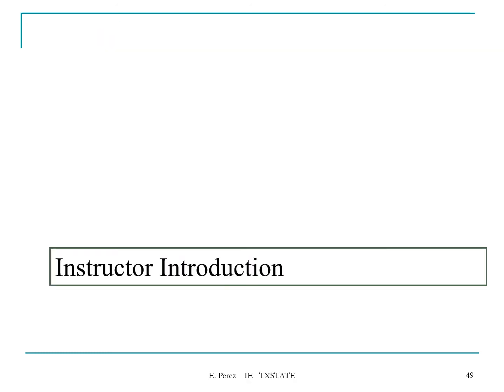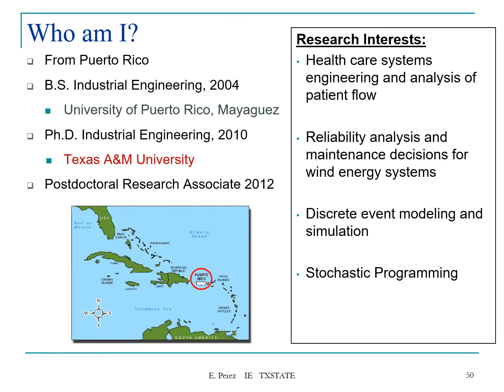The last part of this lecture is the instructor introduction. A little bit about myself. I am from Puerto Rico. I did my undergraduate degree at the University of Puerto Rico in Mayagüez, graduating in 2004 with a Bachelor of Science in Industrial Engineering.